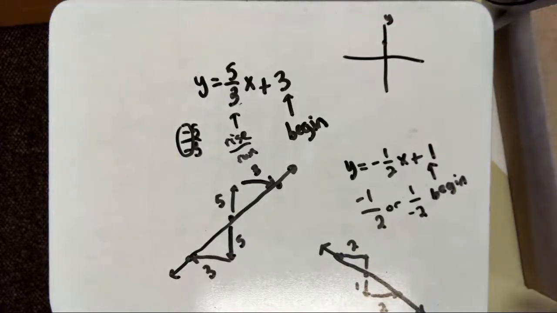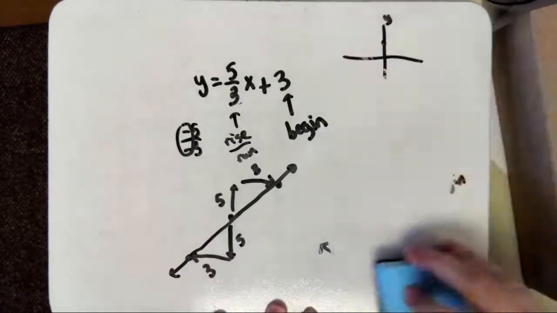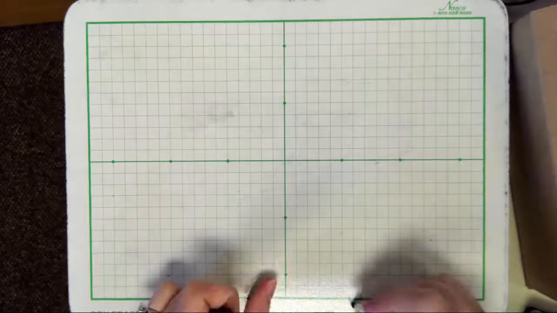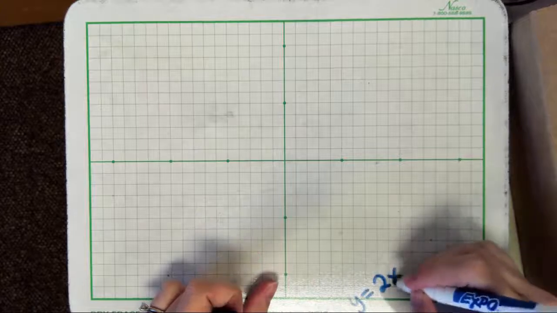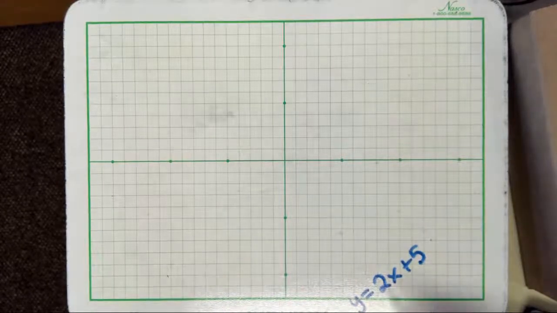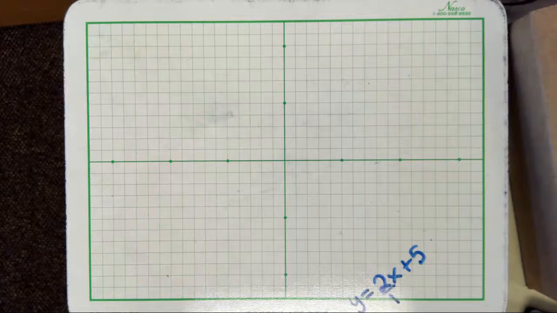So let's graph a couple lines. I don't need to erase that. Let's graph a couple of lines real quick to see how this works. Let's graph y equals 2x plus 5. Now, 2 is not a fraction, but we can fix that by making it over 1. If you ever need a fraction and don't have one, you just put the number over 1.